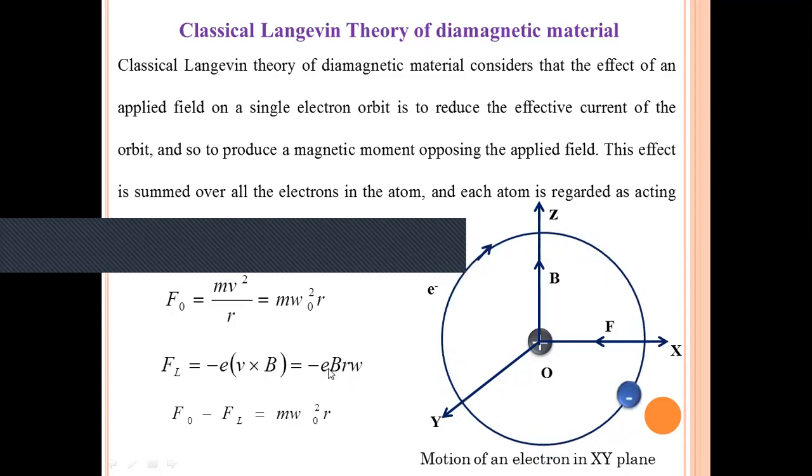Therefore, you can see that the same electron experiences two forces, that is the centripetal force towards the center of the atom and the Lorentz force. Therefore, the resultant force experienced by the electron is F0 plus Fl, with the appropriate sign. This resultant force will be equal to m omega square into r.